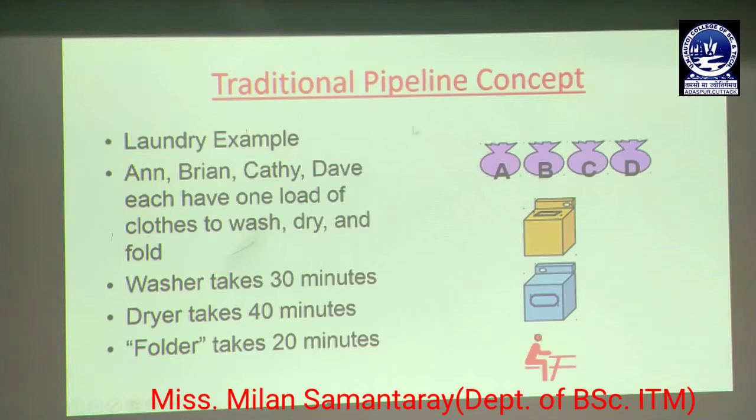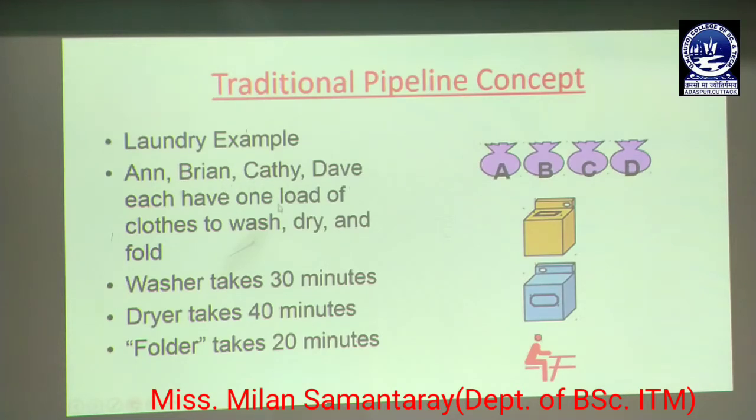Let us see one traditional pipelining concept. Here is the example of laundry. The operation is that we have to wash the clothes, dry them, and also fold them. There are 4 persons named Ann, Brian, Kathy and Dave.